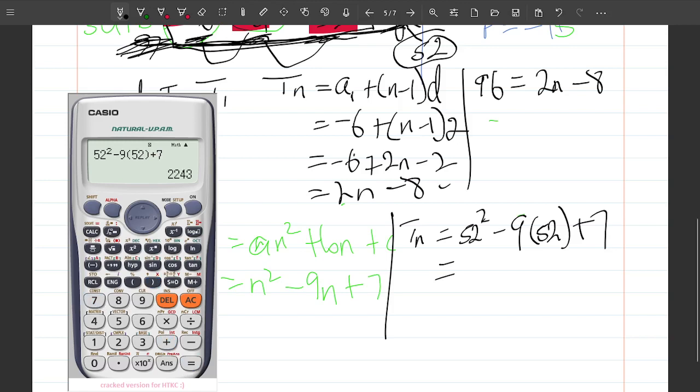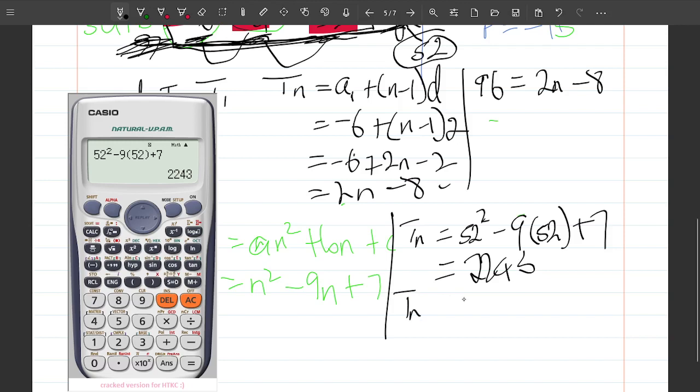Nothing fancy, the 2224. That is one of the term numbers. 2252, was it? No, 2243. Okay, yes, 2243. That's term 52.